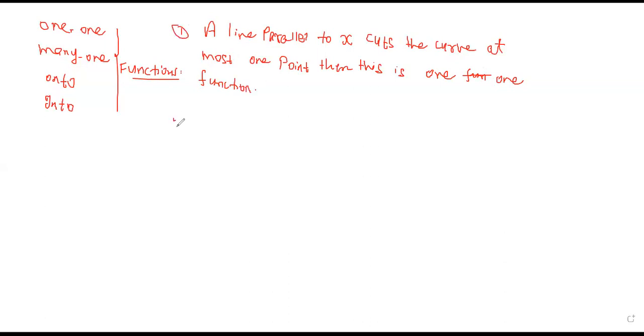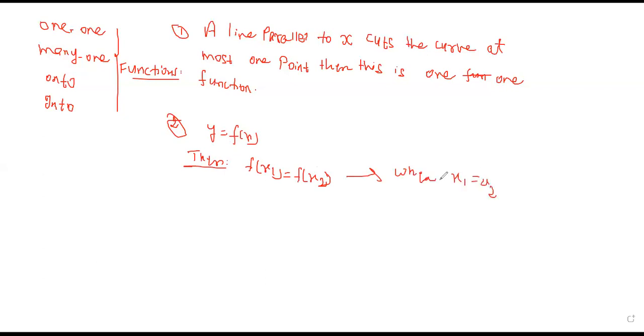Second definition: if y equal to f(x), and if you take f(x1) equal to f(x2), both of you have read out for this type of question, then it comes x1 is equal to x2.